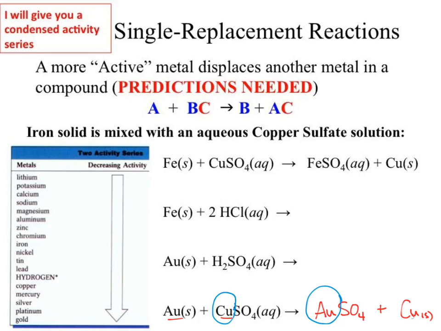Notice that I'm still circling very consistently the same types of elements. I'm circling the metals that are in their ionic state. Copper with sulfate is a +2 charge. Gold with sulfate is a +2 charge. Okay? Gold by itself is 0. Copper by itself is 0.